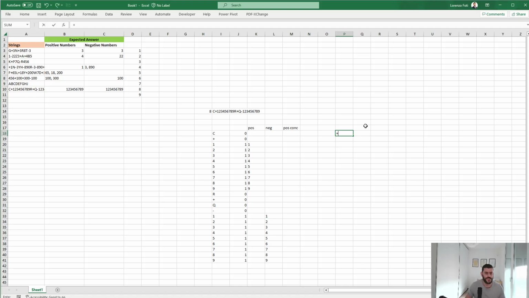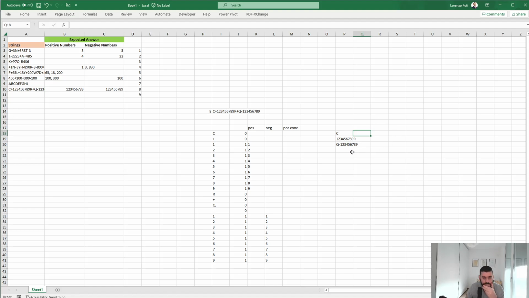Well, let's try a completely different approach. What if I text split this on plus? So I text split this on plus. Okay.